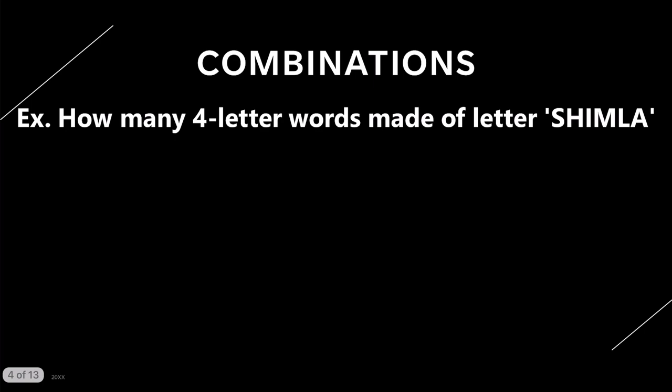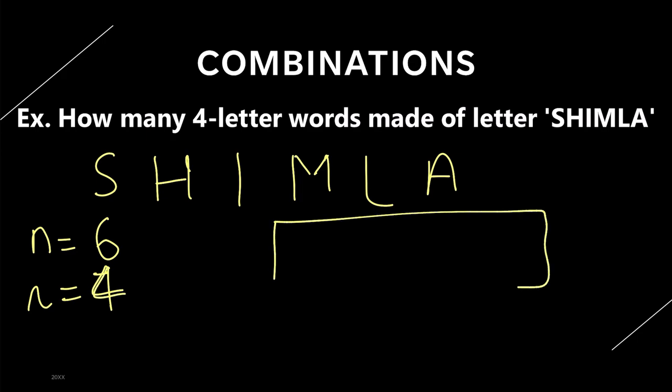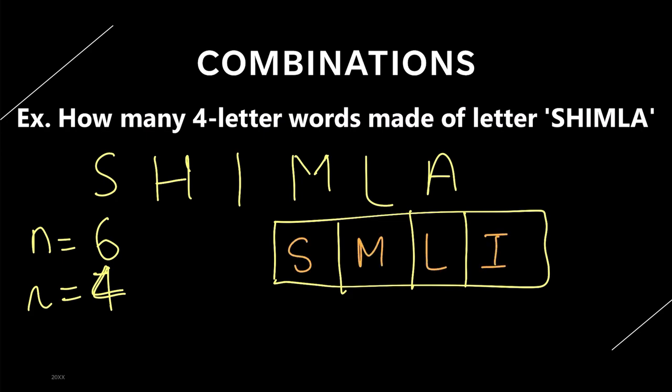Now moving on. How many four-letter words can you make out of Shimla? You have to make a four-letter word. So how many letters do you have? You have a total of 6 letters, and you use 4 letters. So you can make words like SMLI. So this is a right word, right?